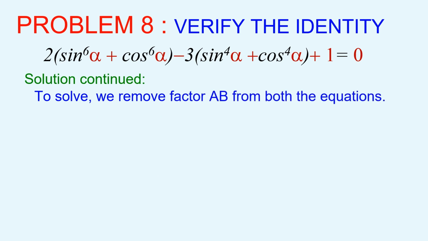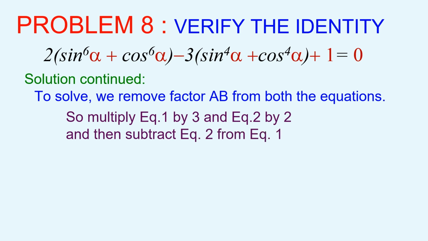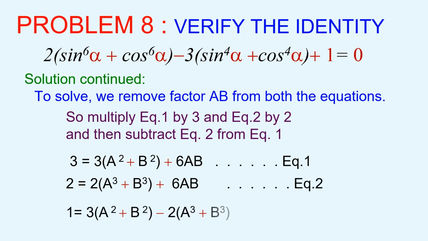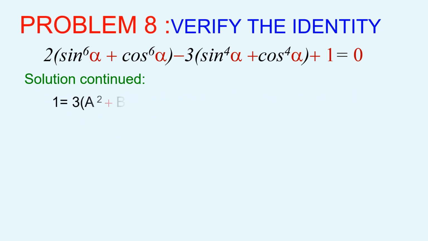To further simplify it, we remove the factor ab from both the equations. Bring all terms to the left hand side.